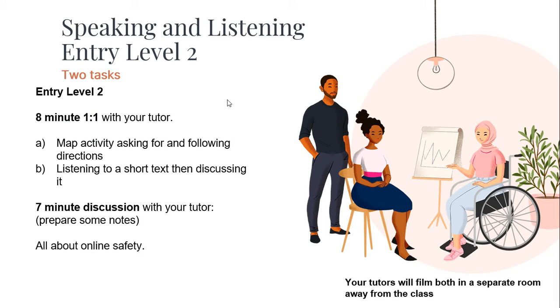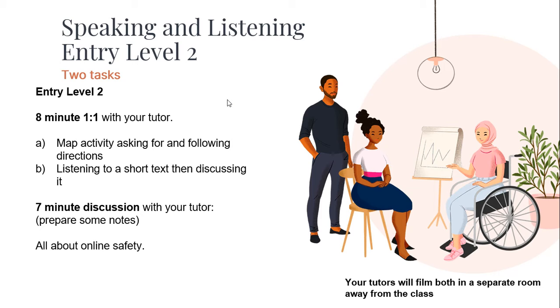At entry level 2, you will have an 8-minute first task with your tutor. Part of that will be, again, asking questions and answering questions and following directions using a map. And the second part of that first task is also showing that you can listen and retain information, because your tutor will read a short text to you and then discuss that text with you.